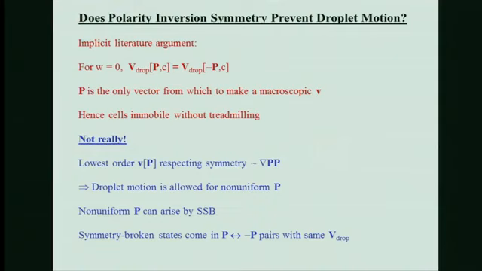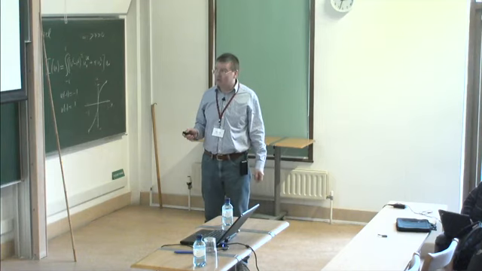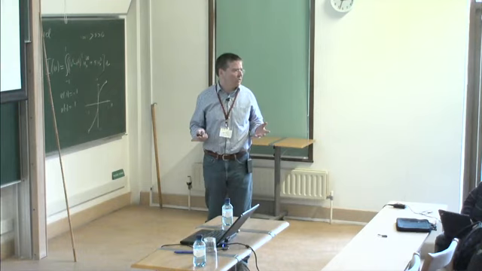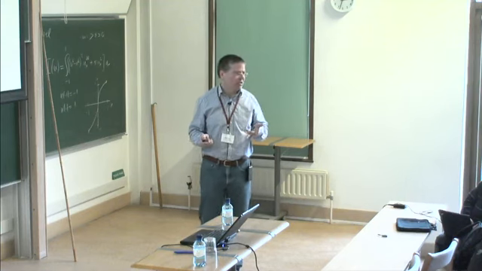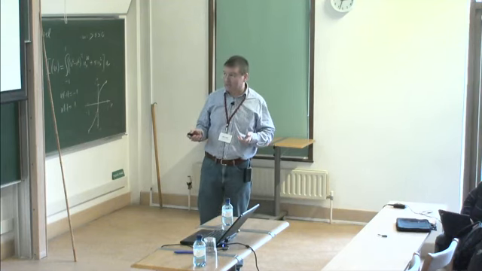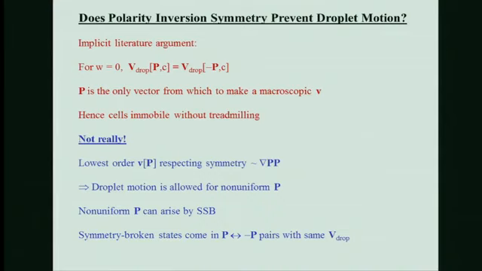I can make a vector out of p that doesn't change sign when p does, as long as I also throw in a grad, right? So grad p p in any combination, that's p squared. So if I change the sign of p, that vector doesn't change, but it's still a vector. So what that says is that I can have a motion that is controlled by p so long as p is not uniform.